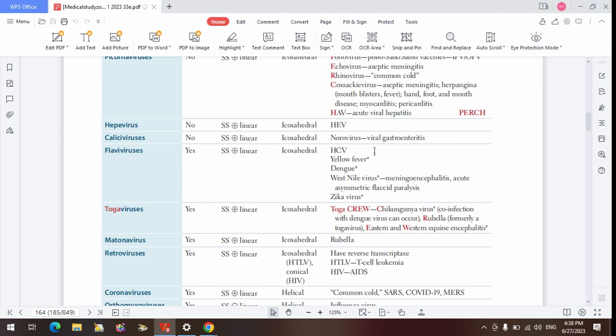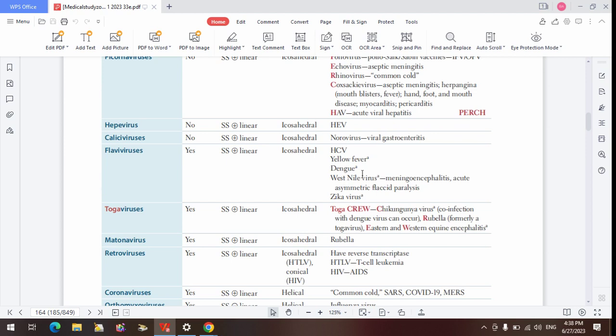Very important. And you don't typically get it through sexual contact, like hepatitis B. Hepatitis C is majorly gotten through parenteral routes, maybe sharing needles or blood transfusion containing this virus. That's the most common route compared to hepatitis B, which is sexual.